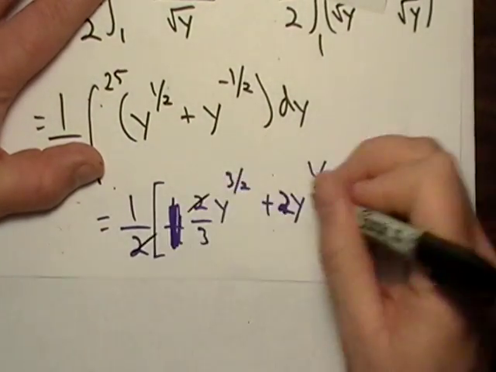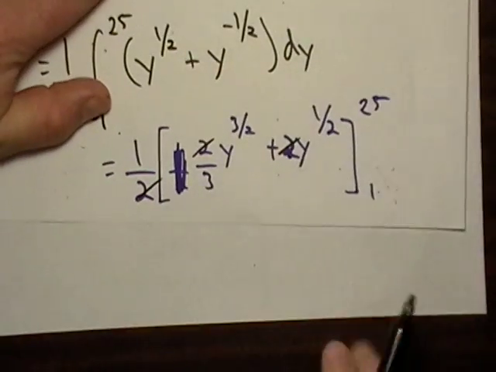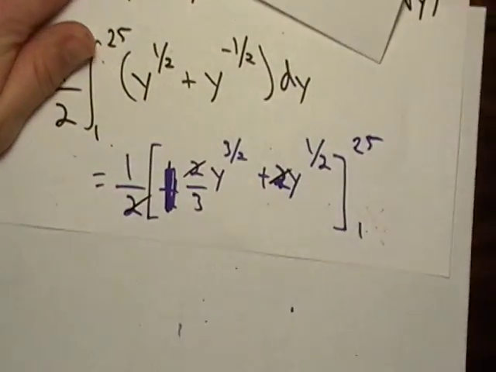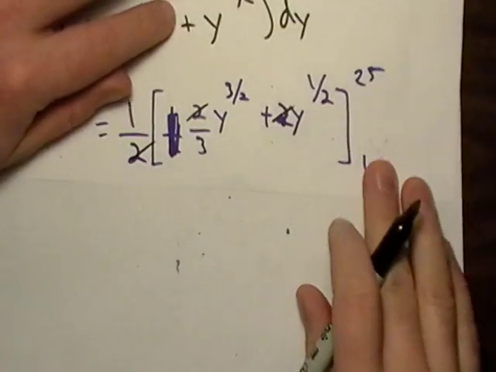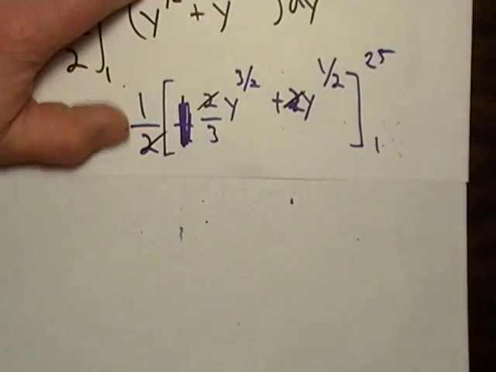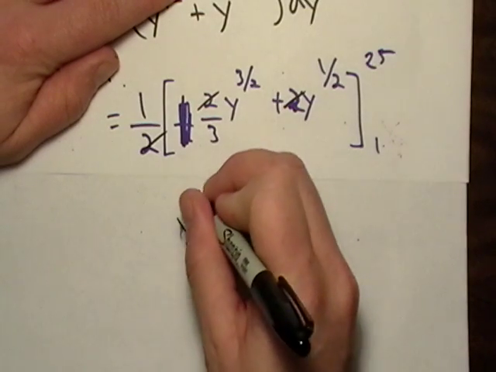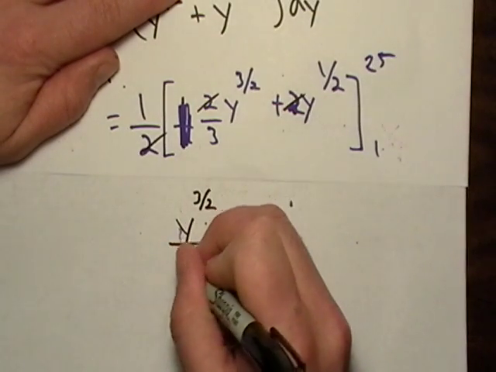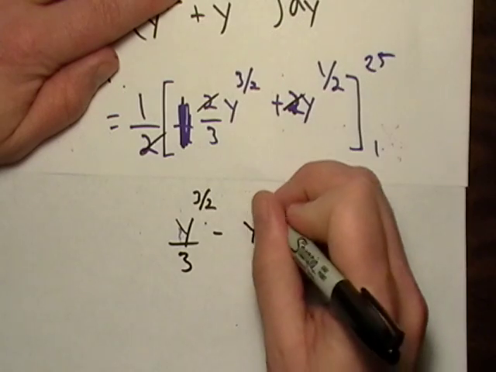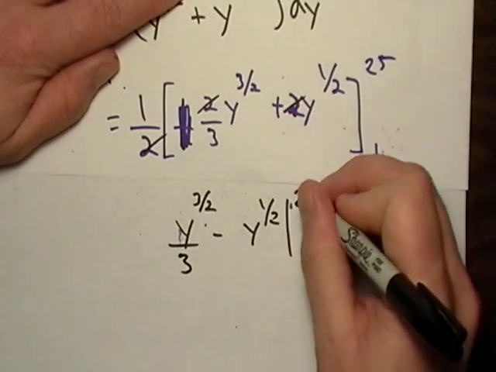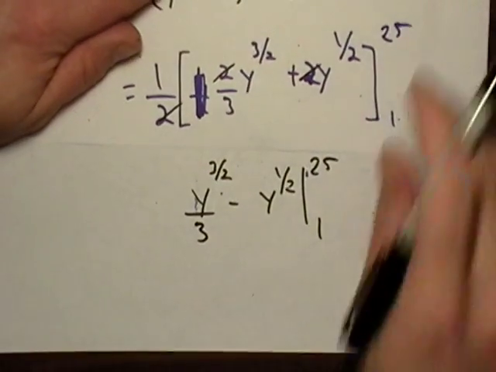Okay, here we go. The 2's look like they'll cancel out no matter what. It's hard just keeping track of all these papers. They're everywhere. So I got y to the 3/2 over 3 minus y to the 1/2, from 1 to 25.